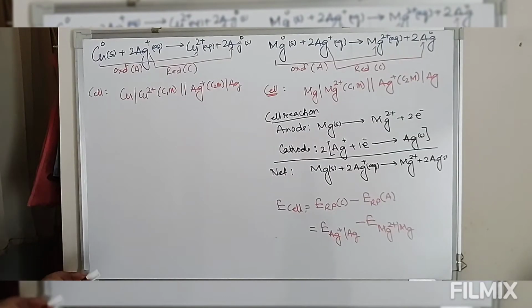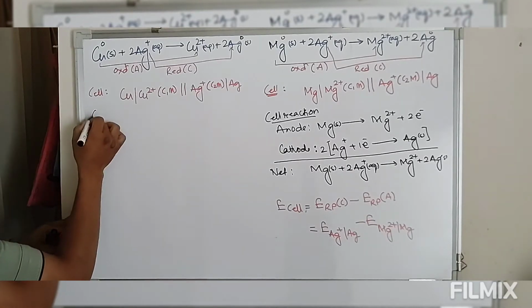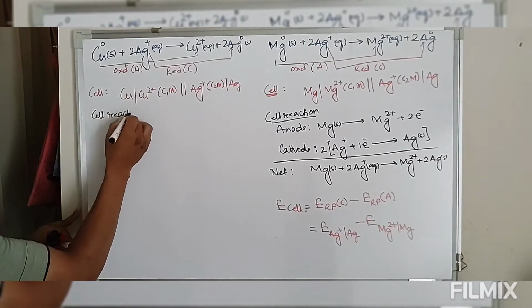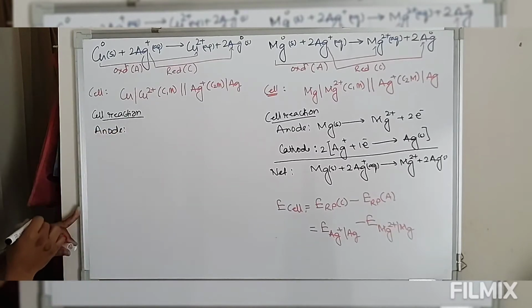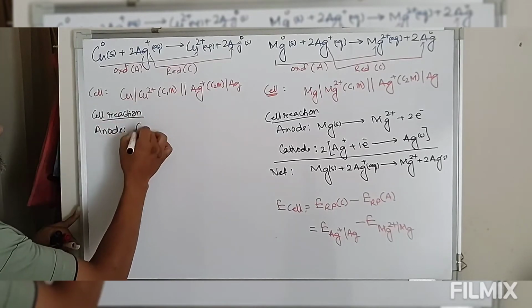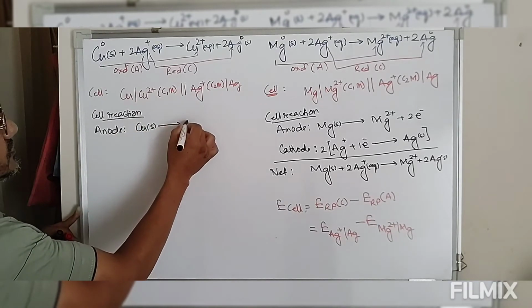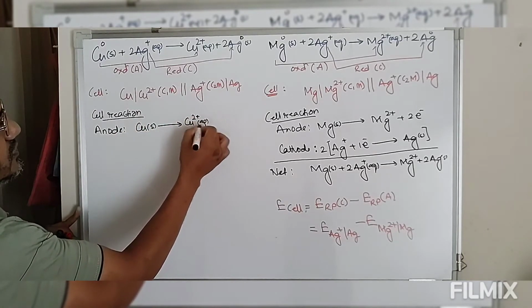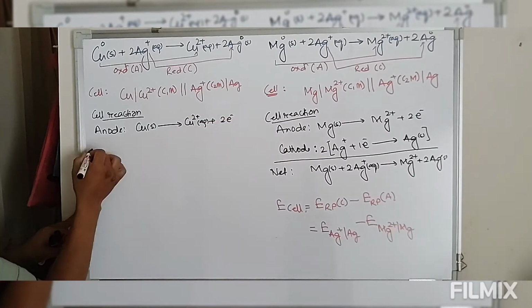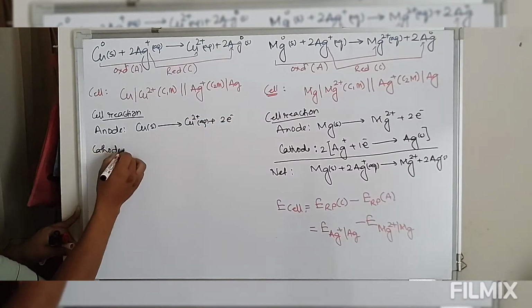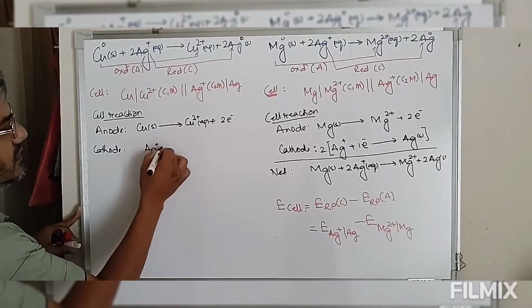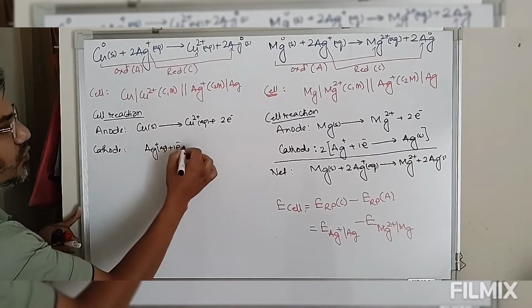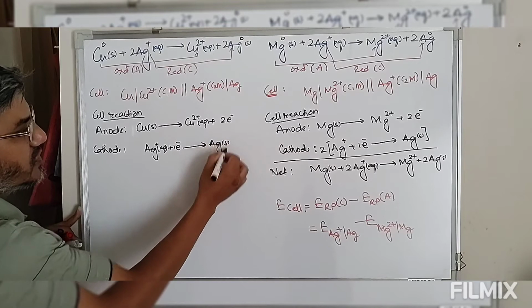Once we have this cell, now let's try to write down the individual cell reactions. Suppose anodic half cell reaction. So anode is oxidation: copper solid getting oxidized to cupric ion aqueous solution, and 2 electrons are released. We have cathode: silver ion aqueous solution gaining 1 electron and is reduced to silver solid.